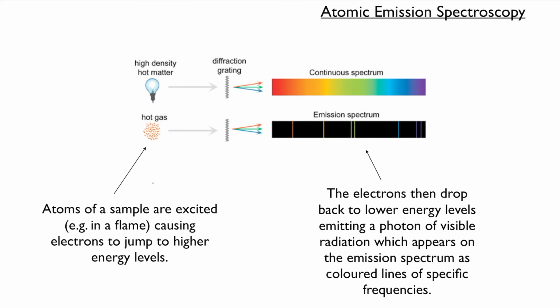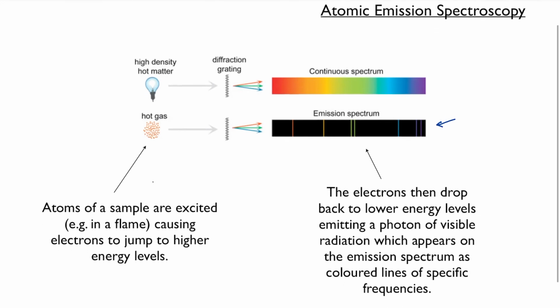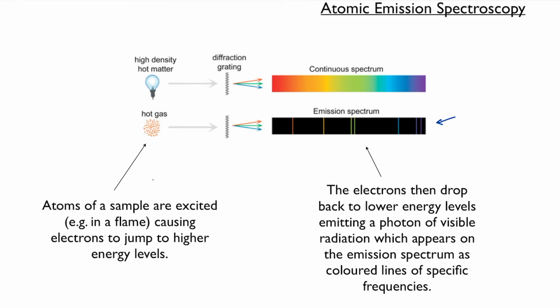Atomic emission spectroscopy is exactly the opposite of atomic absorption spectroscopy to all intents and purposes. Our spectrum is black background with coloured lines, once again getting closer together at higher frequency. And you'll be familiar, I would think, with emission spectrum because this is what flame tests are all about.